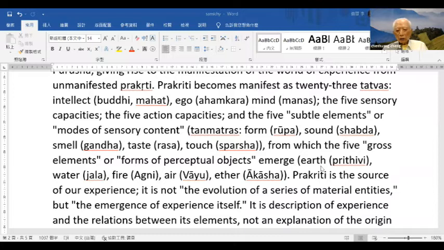That is earth, prithvi, water, jala, fire, agni, air, vayu, ether, akasha.